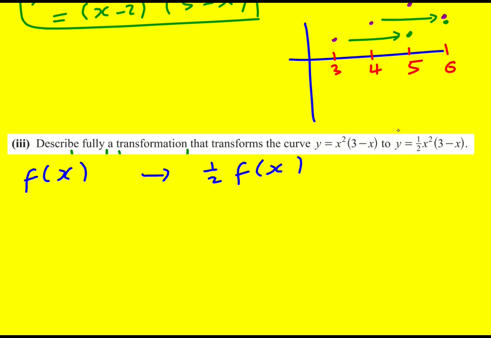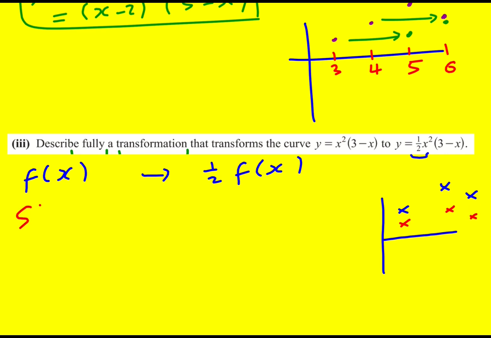Essentially, we're finding our function and then we're just multiplying it by a half, or dividing it by 2 equivalently. And all our points are just going to drop. If they were, say, here, then they're going to be half as much. So this will go down here, this will go to here. It's quite hard to show, but like that.